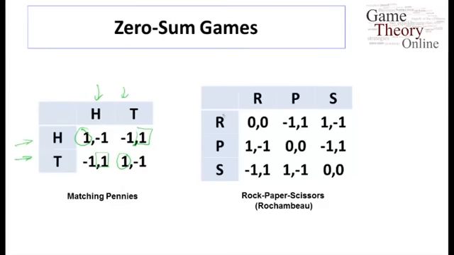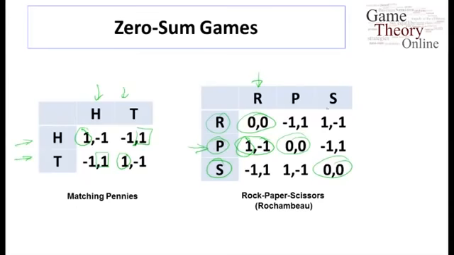That's a game where each player is choosing rock, paper, or scissors. If they both choose the same action, there's a stalemate, nobody wins. If the row player, for instance, picks paper and the column player chooses rock, then the row player wins. 1 minus 1 is the payoff, etc. So rock, paper, scissors is a simple game.